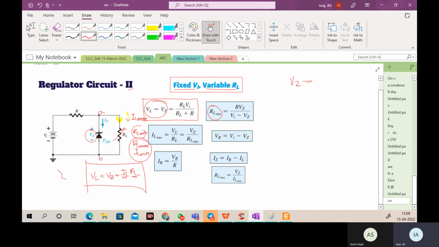Okay. So now look at here. VZ is equal to RL into VI, divided by RL plus R. So how can I get my RL over here? We need to determine the RL value.